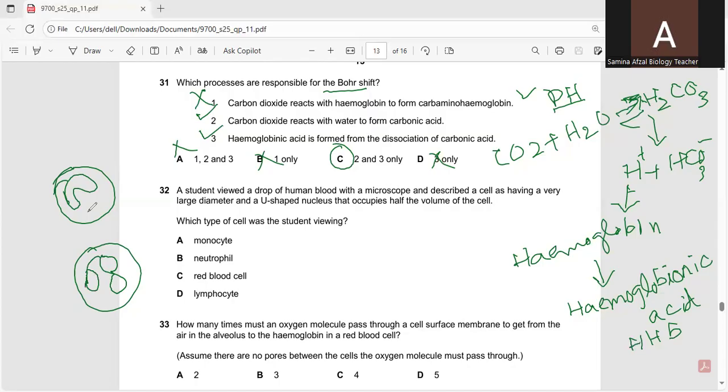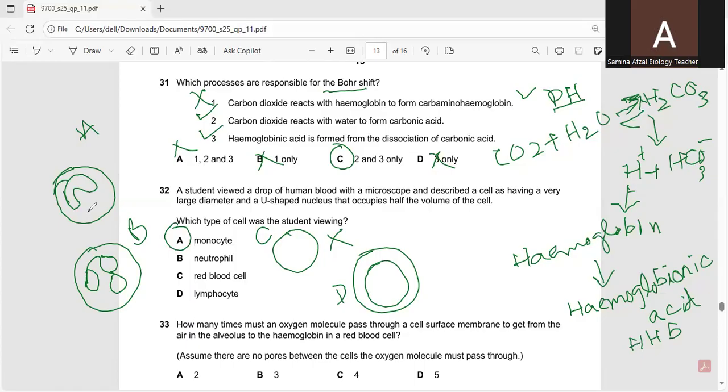Third, red blood cells have no nucleus. And then lymphocytes. These are A, B, C, and D. So according to these shapes, A is the correct answer.